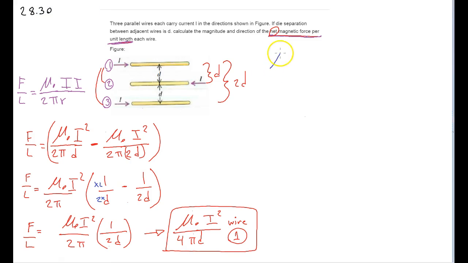So mu sub naught current squared over 2 pi D, because the distance from 2 to 1 is D, and the distance from here to here is also D. So this is for wire 2.